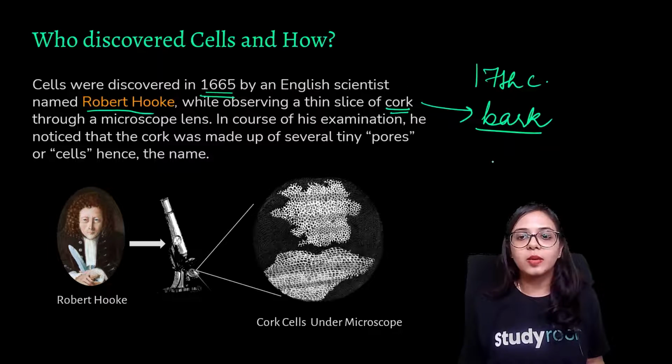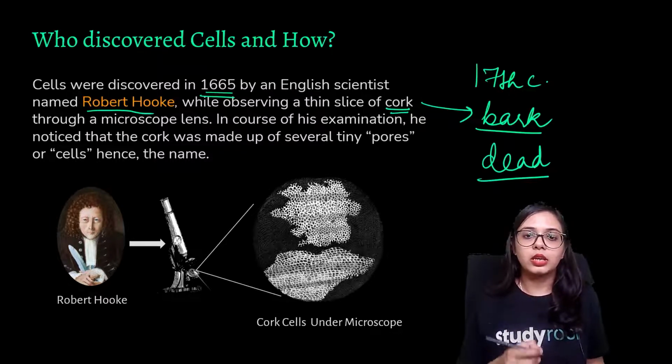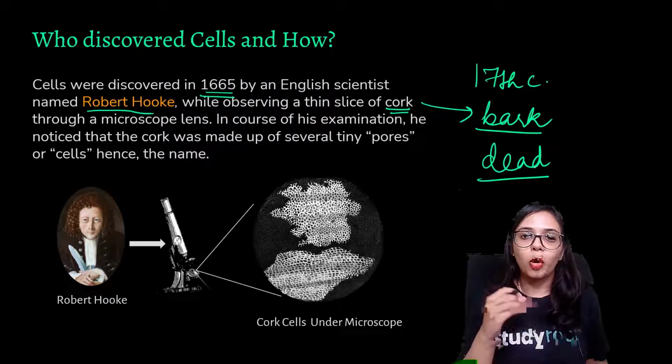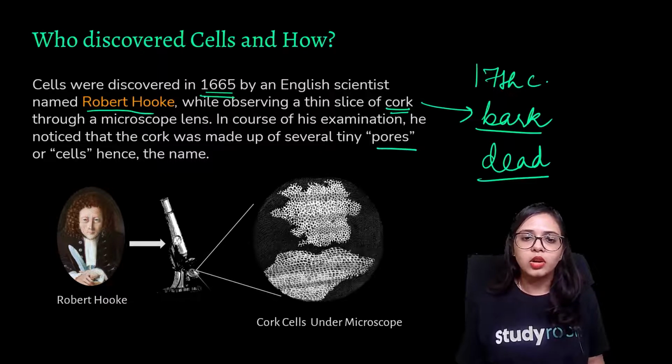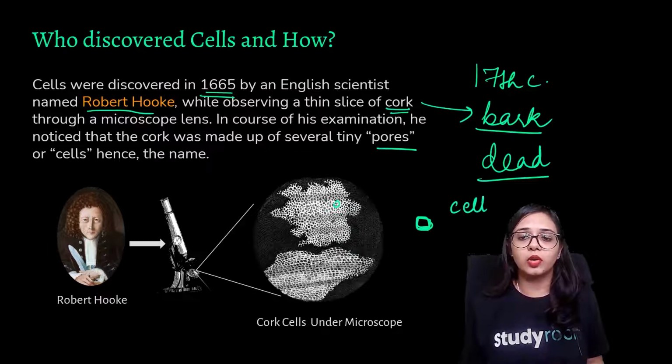Corks are basically dead cells. Robert Hooke observed on examination that this cork is made up of tiny pores, tiny small holes. Since they looked like a very compacted sort of structure, like a cell, like the cell we also call a jail.